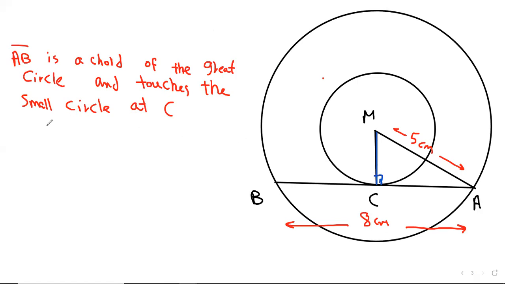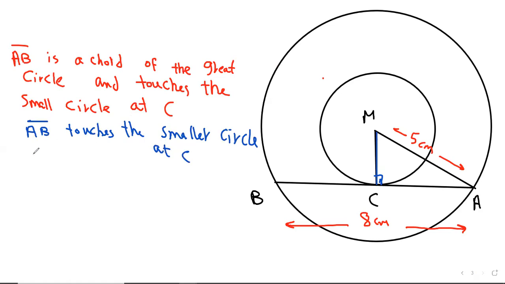Do you know why? Because AB touches the smaller circle at C, MC is a radius, and the radius is perpendicular to the tangent, and AB is a tangent.